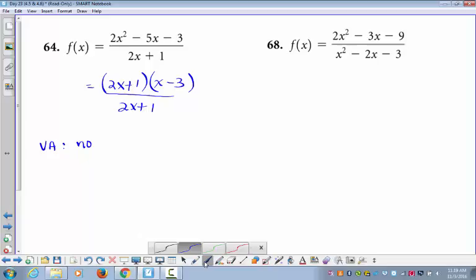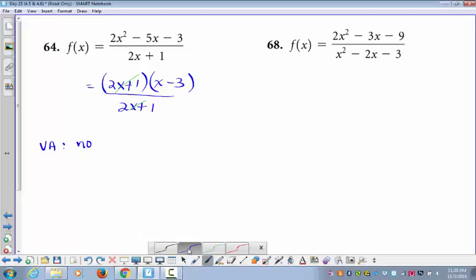So to figure out that slanted asymptote, it's a little weird here, because if we were to do the division, we can cancel this common factor, and the division's giving us x minus 3. Because of this hole, the asymptote and the function are essentially the same.